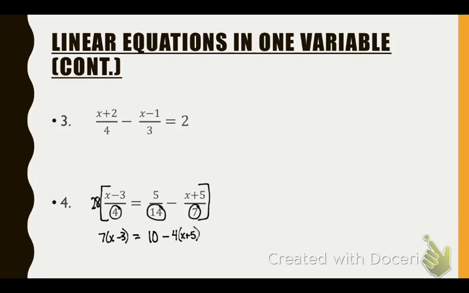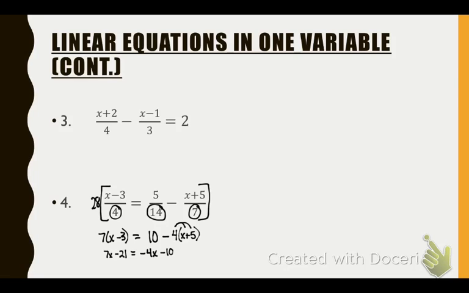Then it becomes the same type of problem that it was before. It doesn't change. Now it's just like what we did, and I'm going to have 7x minus 21 equals, I'm going to rewrite this and do a little bit of math at the same time, negative 4x minus 10.